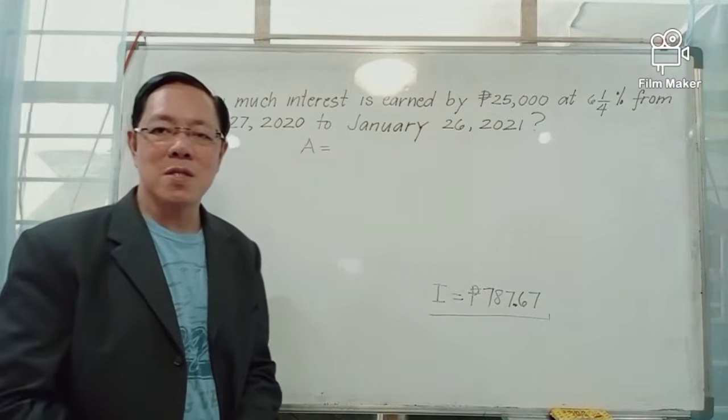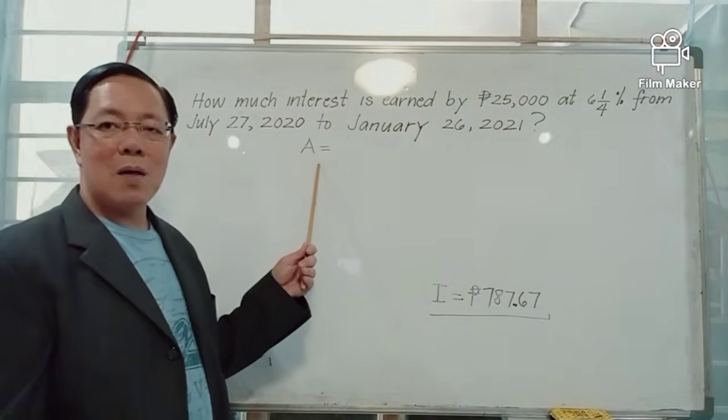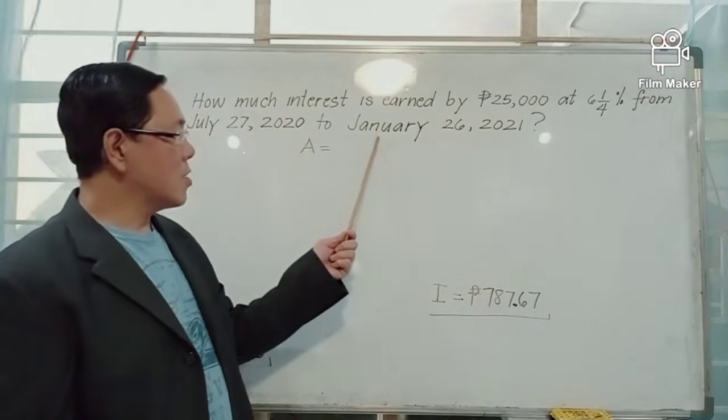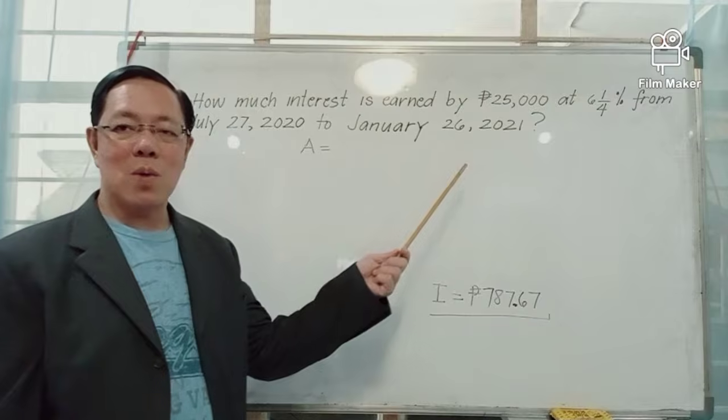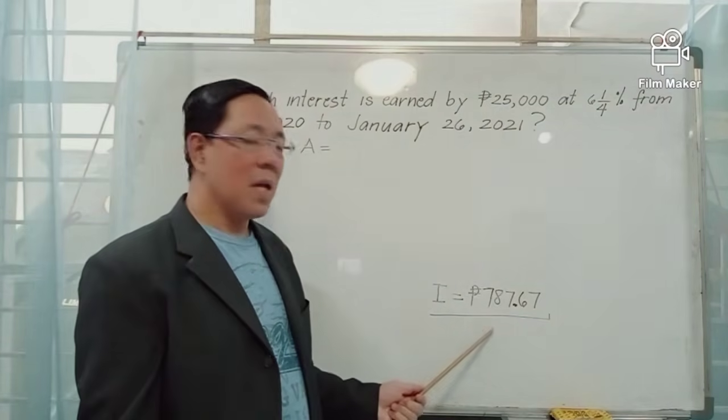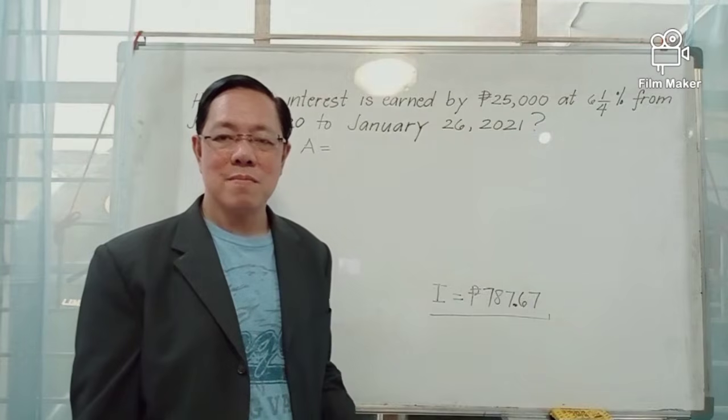Capital A denotes the total amount to be paid on January 26, 2021. That includes the original amount borrowed plus the amount of interest.